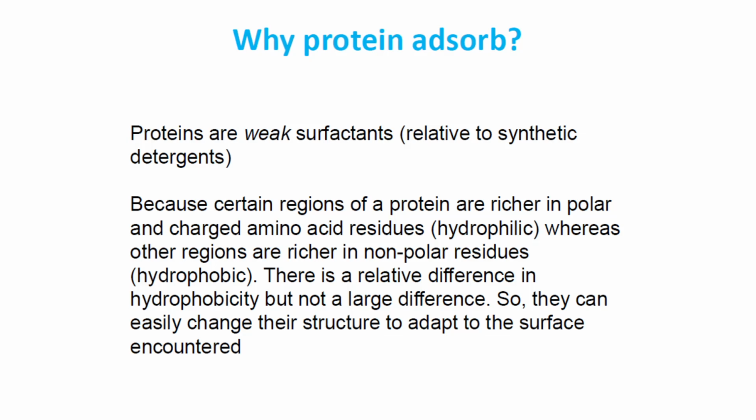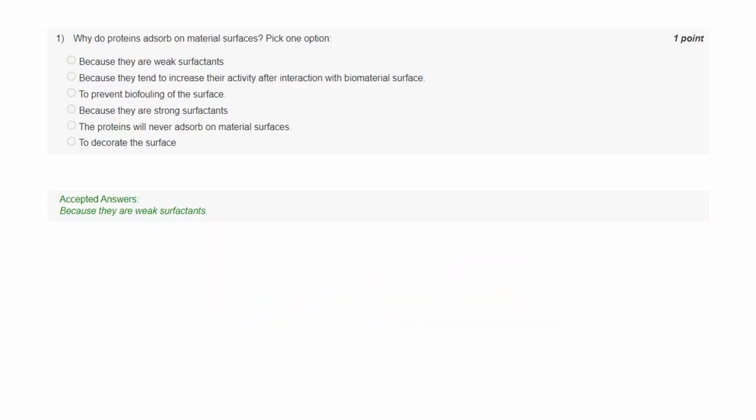On the other hand, if you introduce a hydrophobic surface, a protein which has its hydrophobic parts buried inside can open up, bury the hydrophilic parts, and expose its hydrophobic parts, and then that can attach onto the surface. So that's why proteins absorb onto the surface: because they're weak surfactants, they can easily modulate their shape. Is it clear?